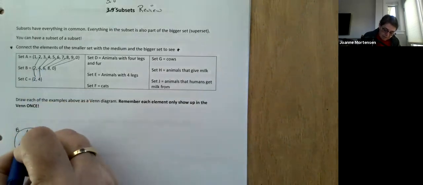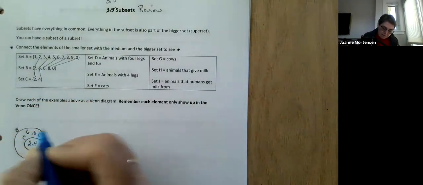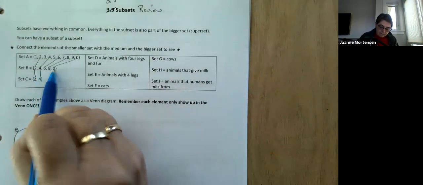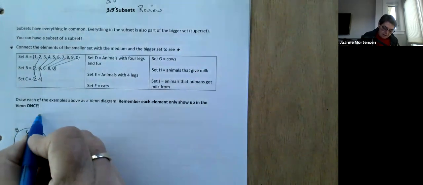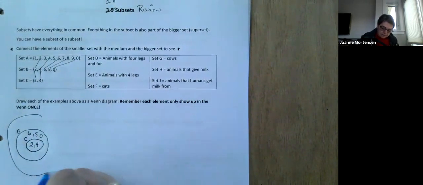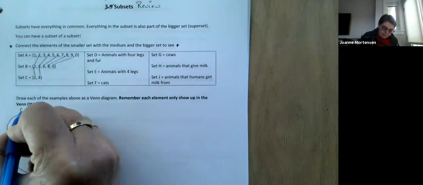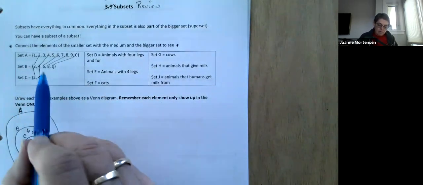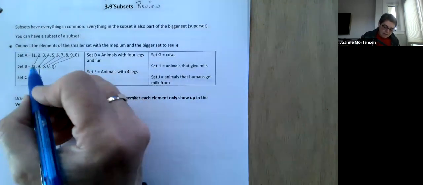So we need 6, 8, and 0. So I'm looking at the ones that aren't connected. And then in set A, sorry, my bad, are the ones that aren't connected or counted anywhere.